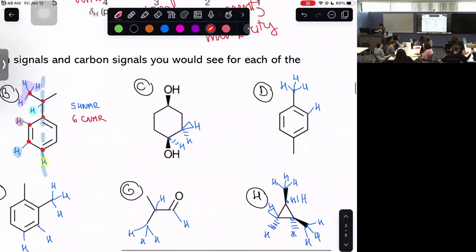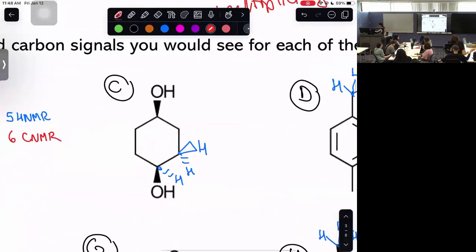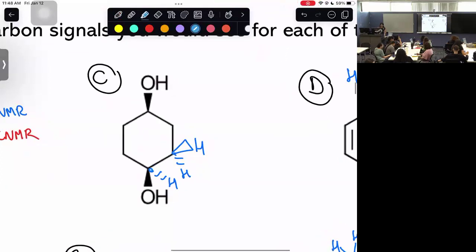Okay. Let's finish with molecule C in here. Do we have any planes of symmetry? How many? Exactly. Right in the middle and across from it. Okay, how many HNMR signals do you see?